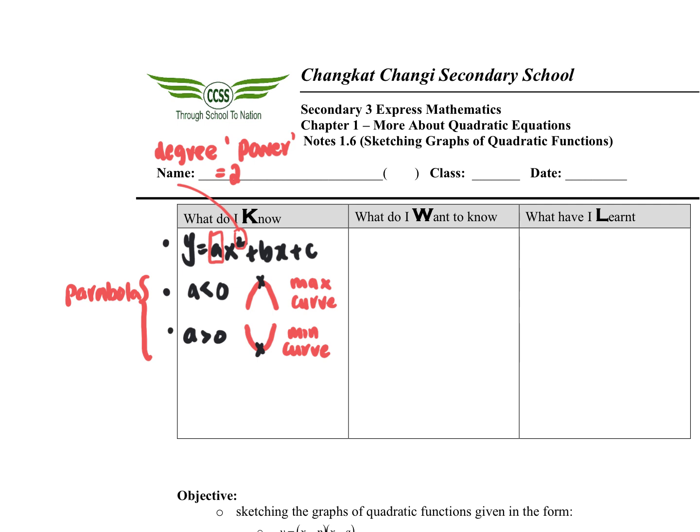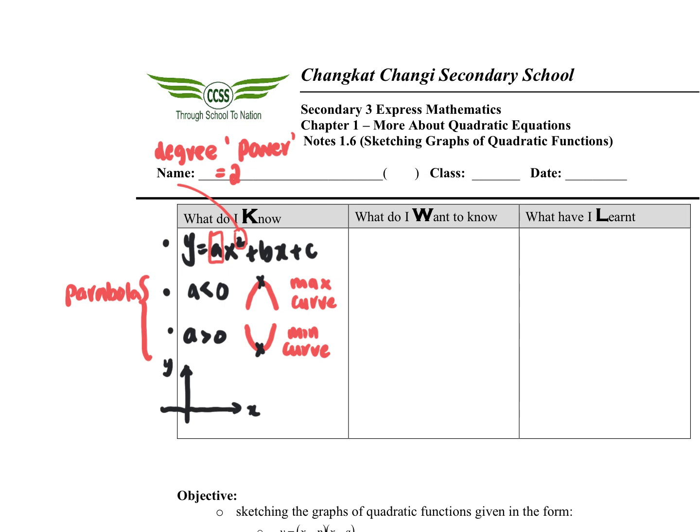What other things do you know about quadratic curves, functions, equations? When we are trying to solve it, when we put it on the curve, this is where your x-intercepts and your y-intercept are.